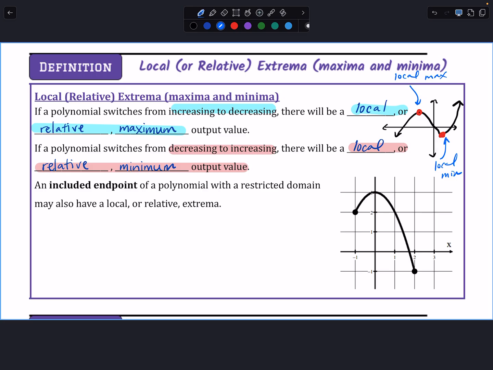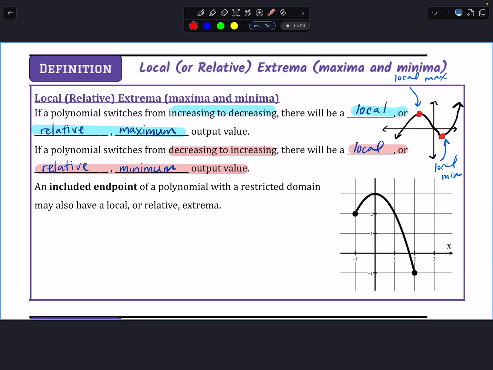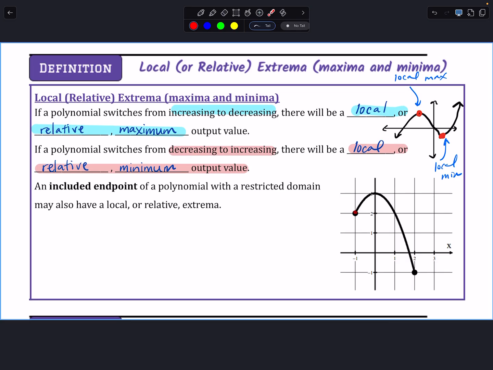Now, this part is also kind of confusing, and even for myself, I have to really think about these. Sometimes you guys will be given a graph where it's just a piece, okay? So if you have endpoints, the included endpoints of a polynomial may also have a local or relative extrema.